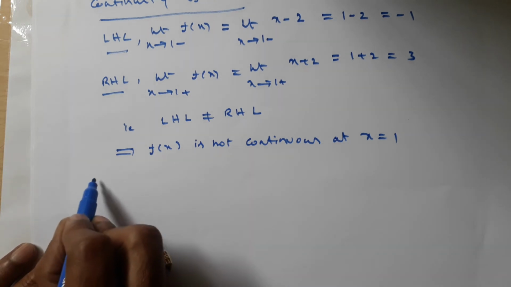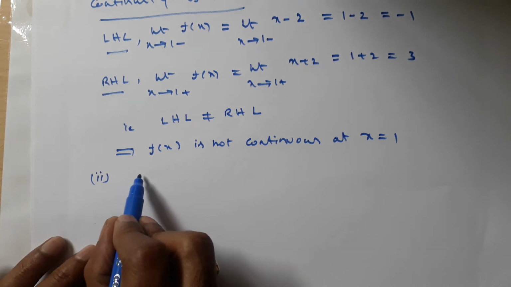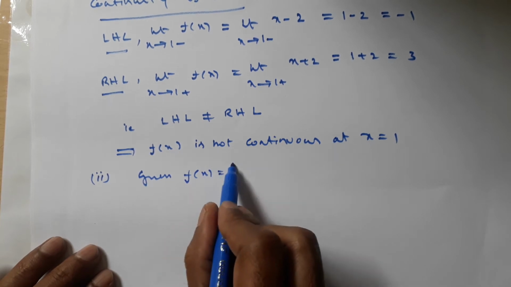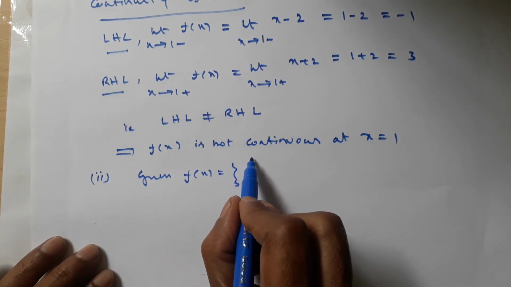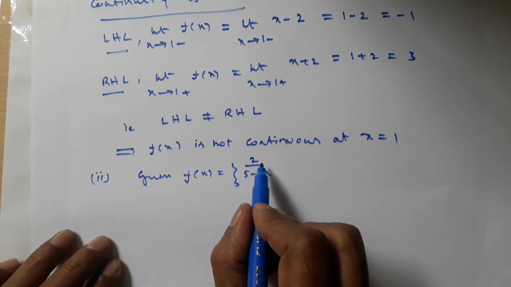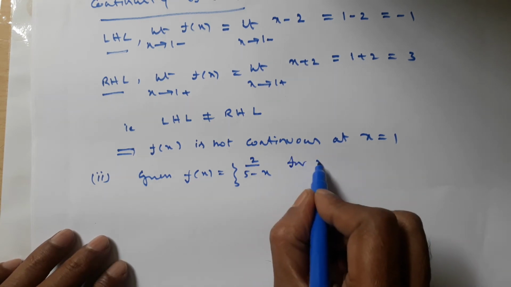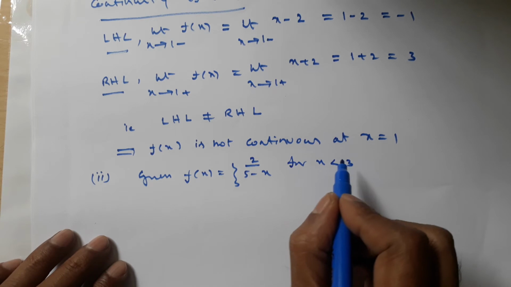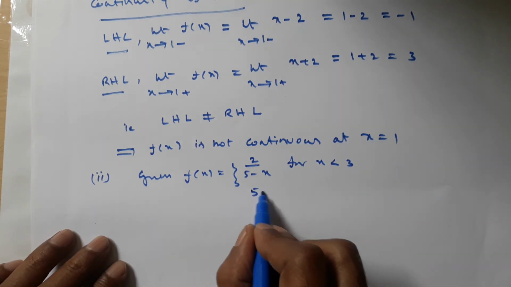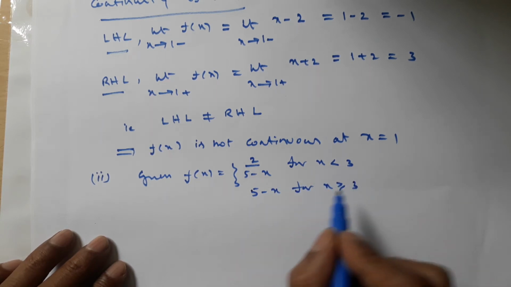So similarly, the second problem. Given f of x is equal to 2 by 5 minus x for x less than 3, and f of x is equal to 5 minus x for x greater than or equal to 3.